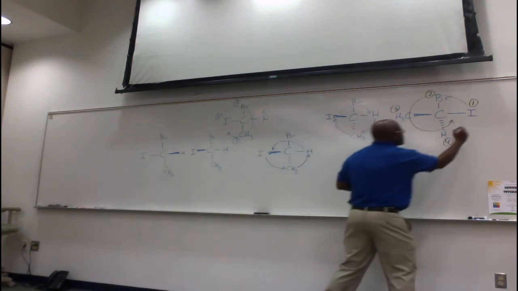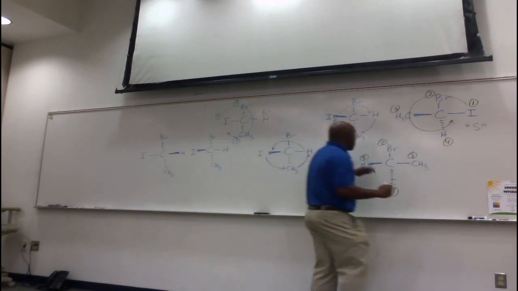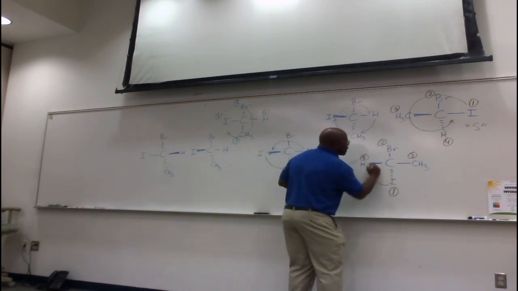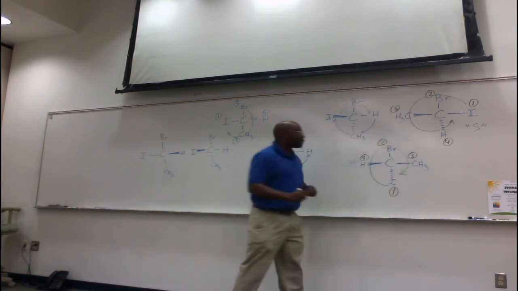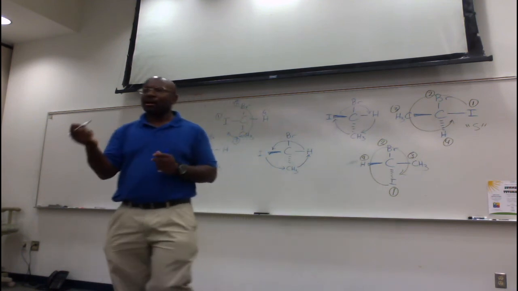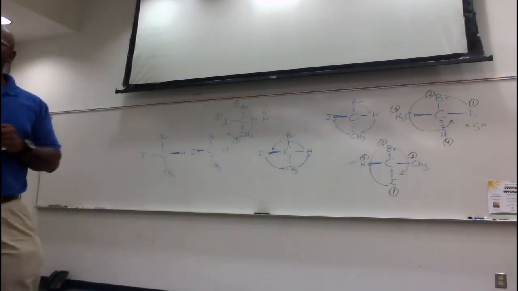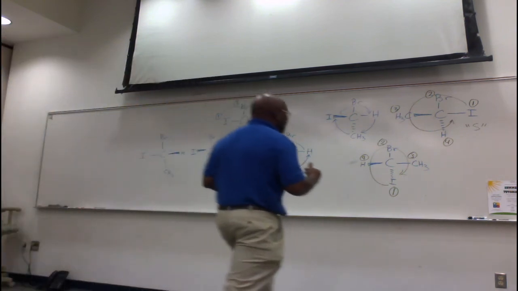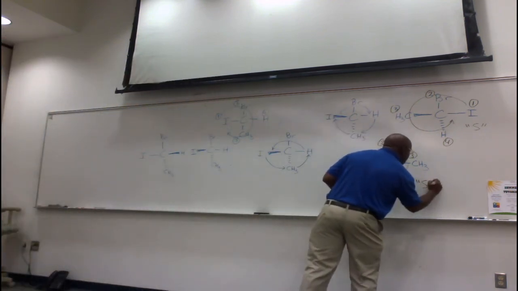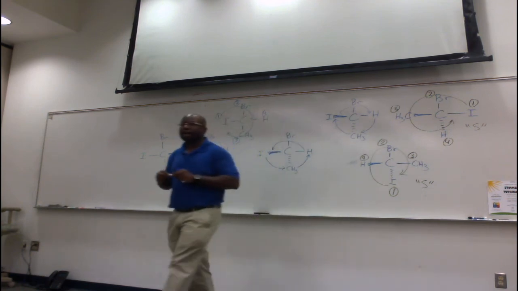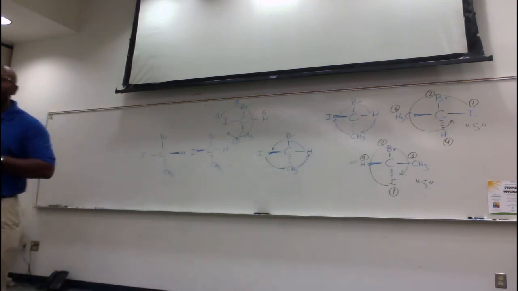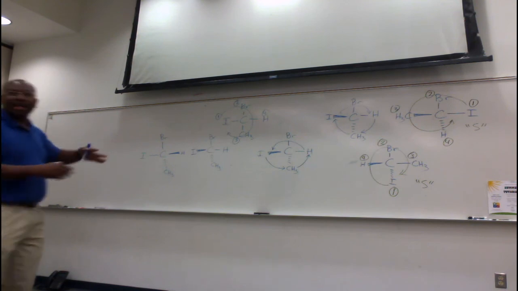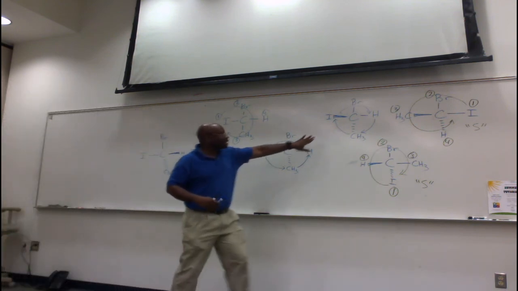Counterclockwise makes it S. We have 1, 2, 3, which is clockwise, R. Who gets the final say? 4. 4 is forward, which makes this molecule also S. So that was already an S, right? Both came from the same molecule. So both of these should give you the exact same answer.